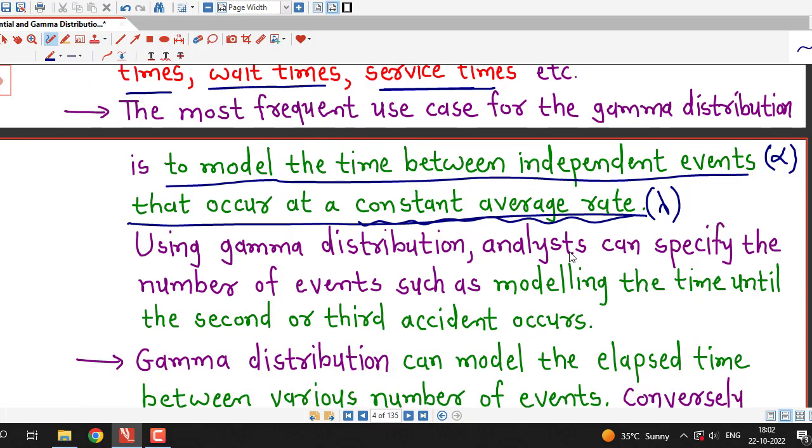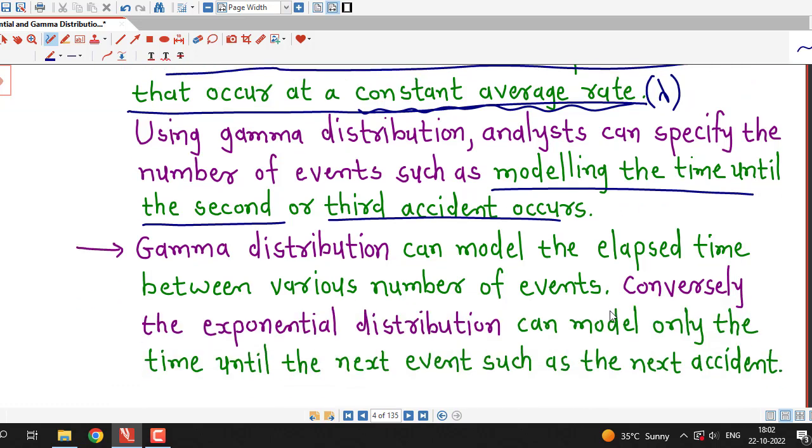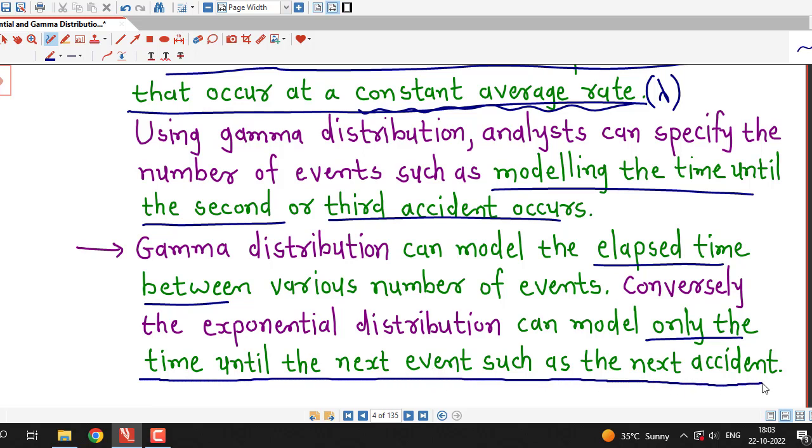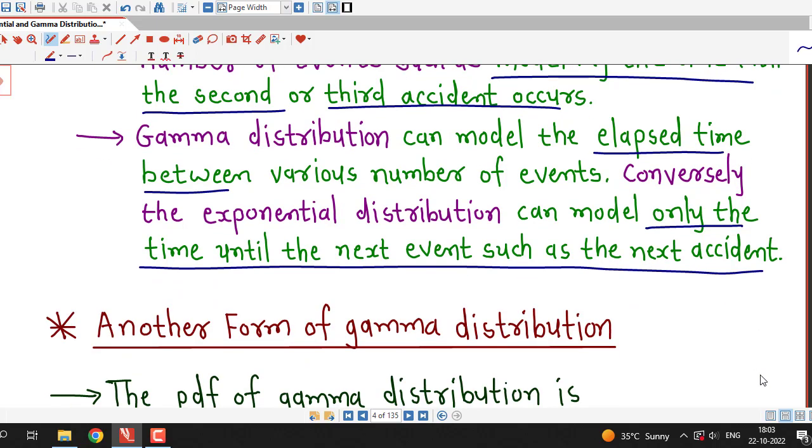Using gamma distribution, analysts can specify the number of events, such as modeling the time until the second or third accident occurs. If we are interested in the time until the second or third accident, we must use gamma distribution. Gamma distribution can model the elapsed time between various numbers of events, whereas exponential distribution can model only the time until the next event, such as the next accident. That is the difference between gamma and exponential distribution.